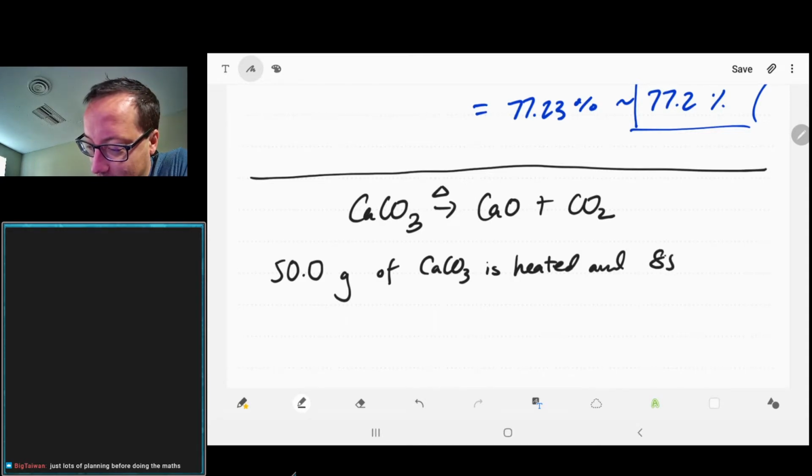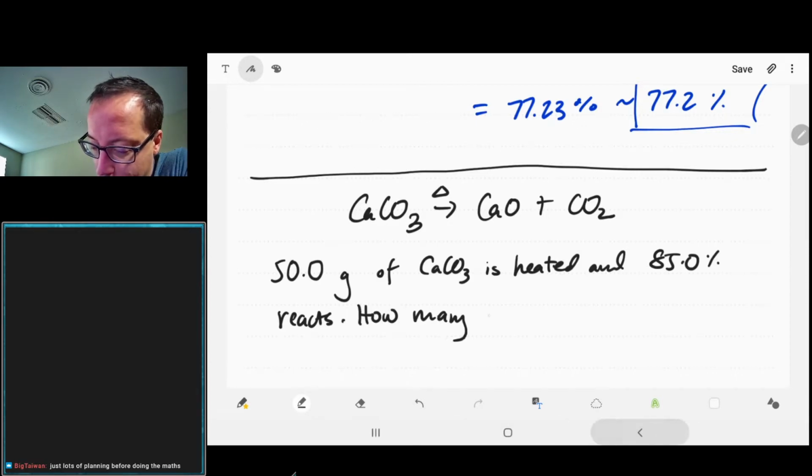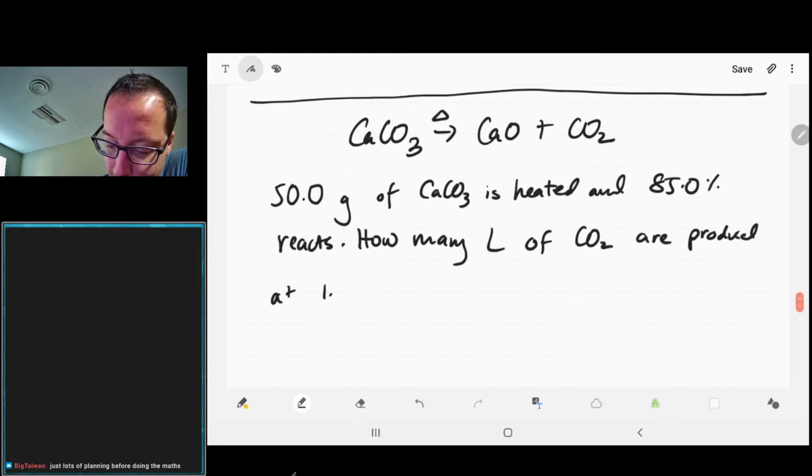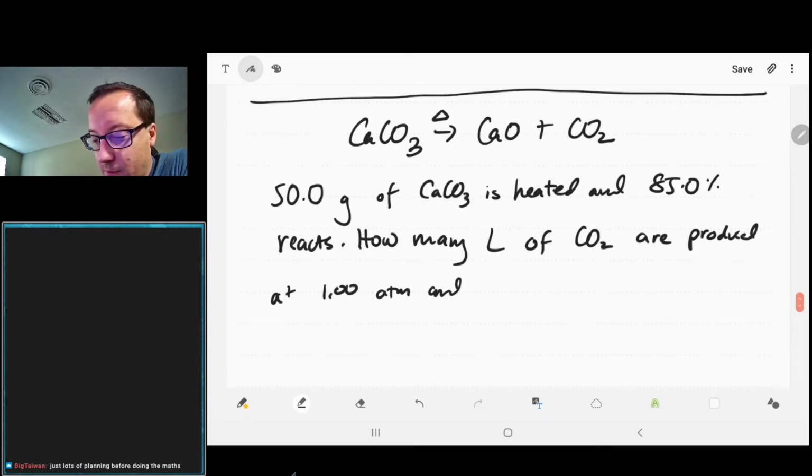And we'll say 85% of it reacts. How many liters of CO2 are produced at 1 atmosphere? And let's see, when we're heating this, how about 500 Kelvin?